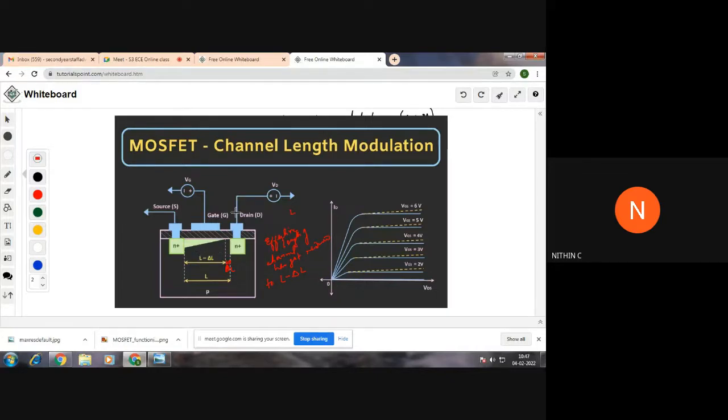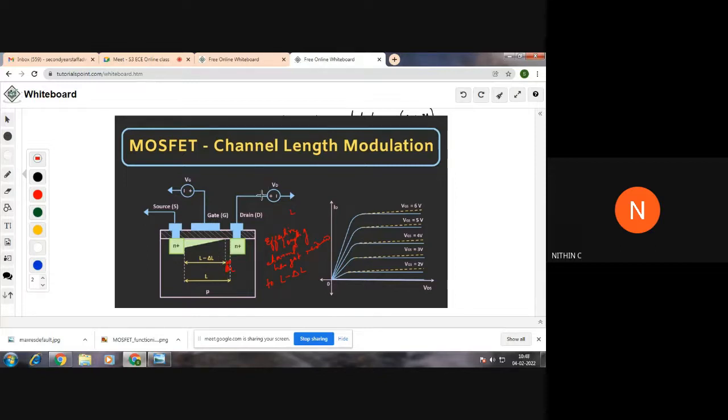If the length of the channel is very large, then this effect of channel length modulation is very small.